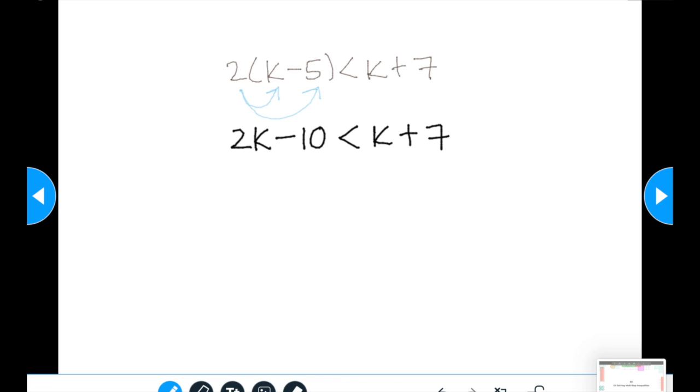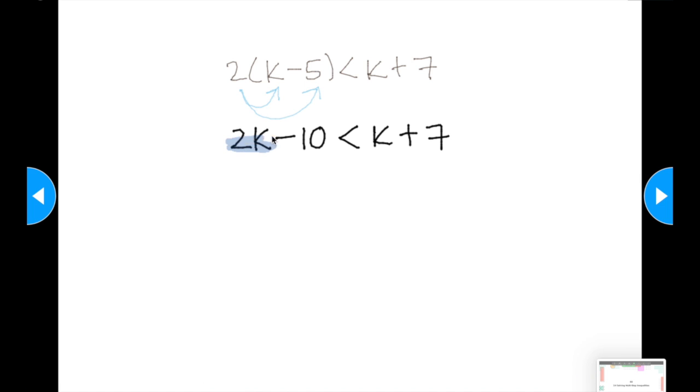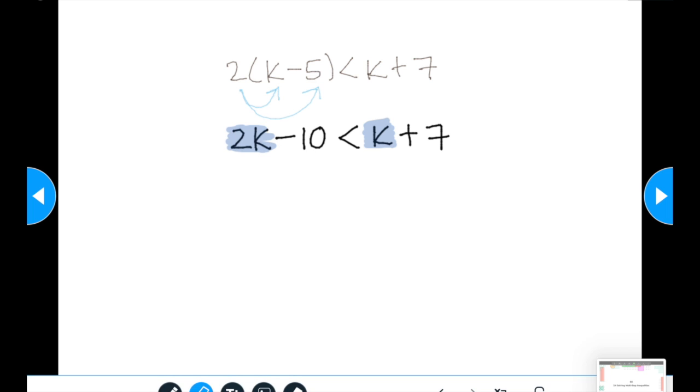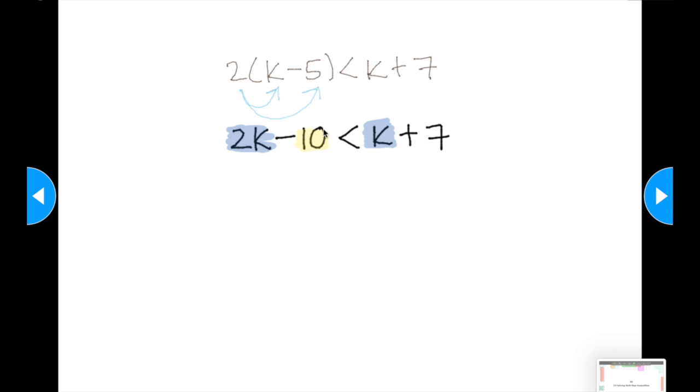Now the second step was to combine any like terms. I see here that I have a 2k and also a k that I can combine together because they are like terms. I also have a 10 and a 7.